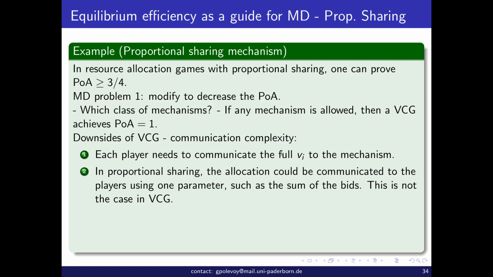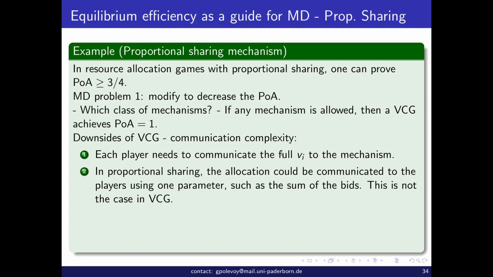And when the mechanism decides what to do, in the proportional setting, the mechanism can simply communicate to the player one parameter, such as the sum of the bids, and the player knows that she obtains her bid over the sum of the bids times the capacity.